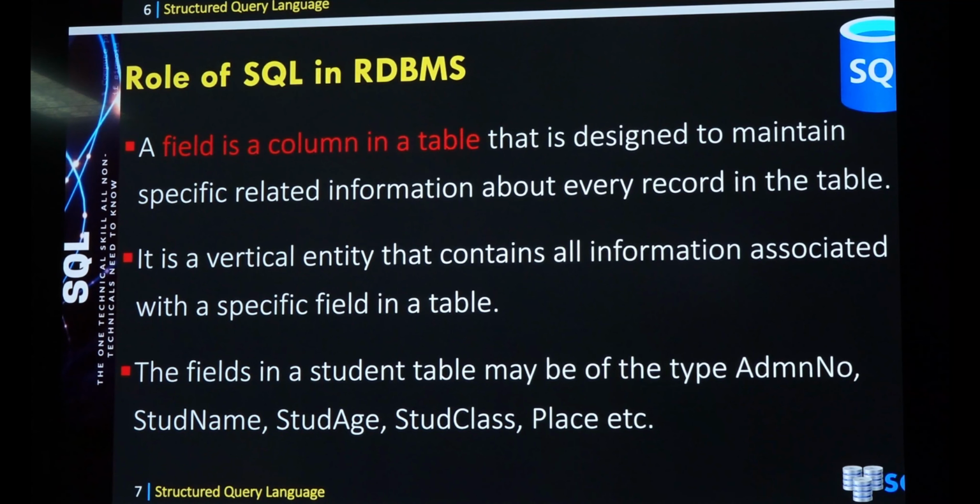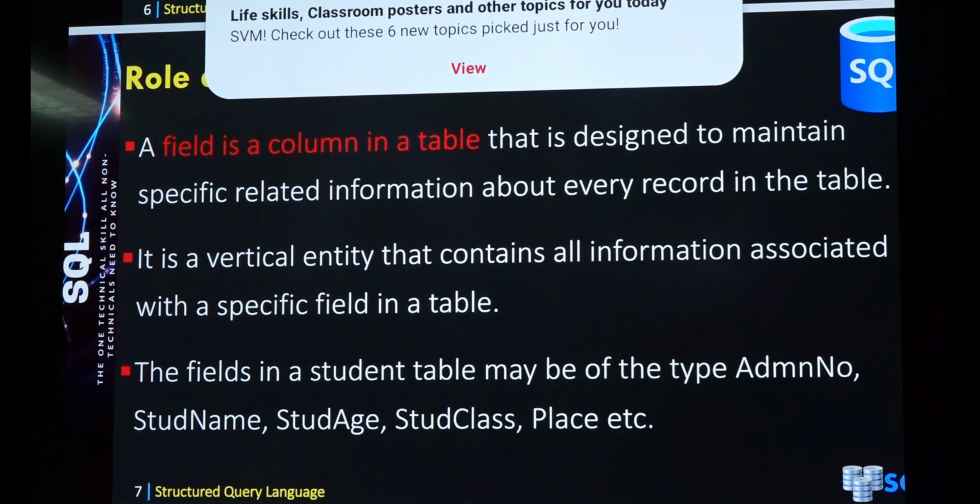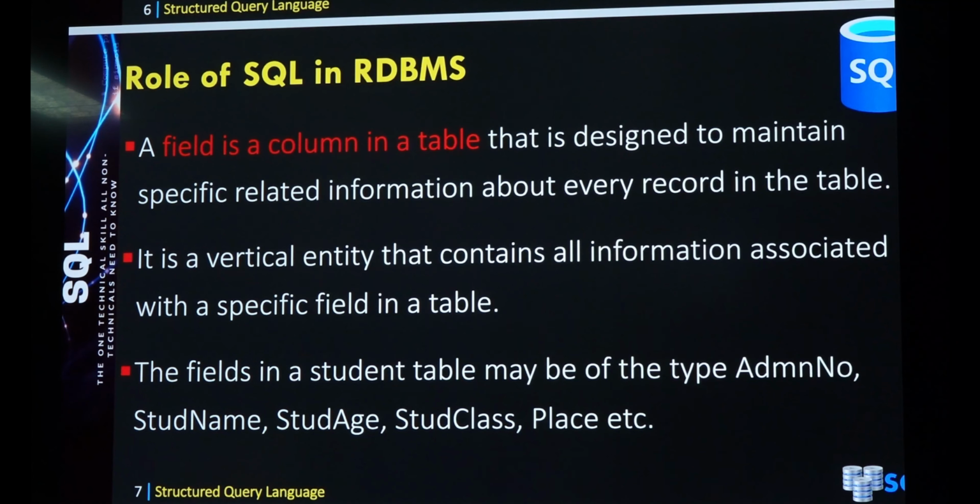It is a vertical entity that contains all information associated with a specific field in a table. The fields in a student table may be of the type admission number, student name, student age, student class, place, etc. Right?